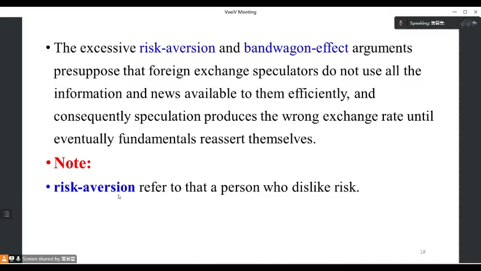Note, risk aversion refers to the person who dislikes risk.